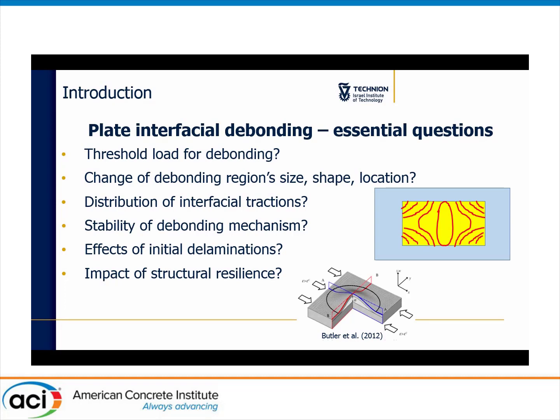We've seen in the previous lecture that the force-deflection curves suggested instability of the mechanism. As well, we have the laminations, which are frequently encountered in laminated layers, and they also play a role in the development of interfacial debonding mechanisms. And lastly, the effect of all these parameters on the structural resilience.